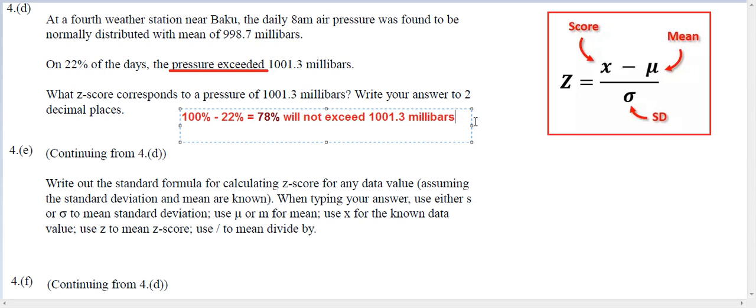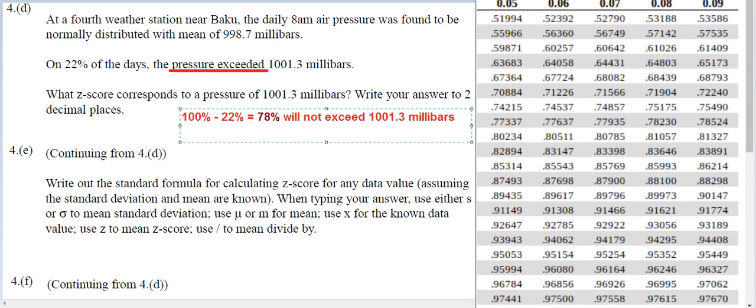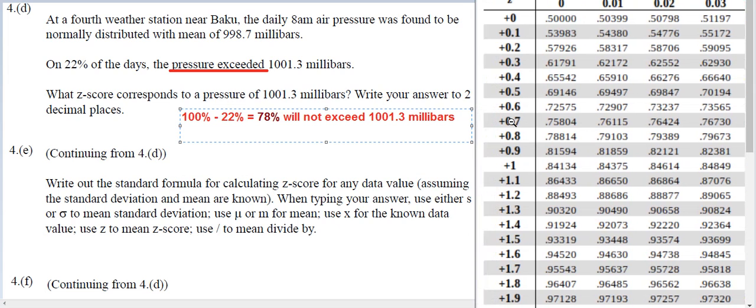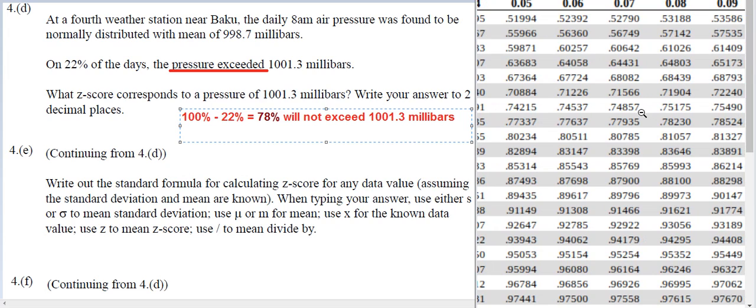Now that the probability is greater than 50%, I just have to go to our normal distribution table and find the number 0.78. We have these two numbers here, and it's pretty clear that this one is closer, 0.77935. If you read the row, it is positive 0.7, and the column is 7 again.